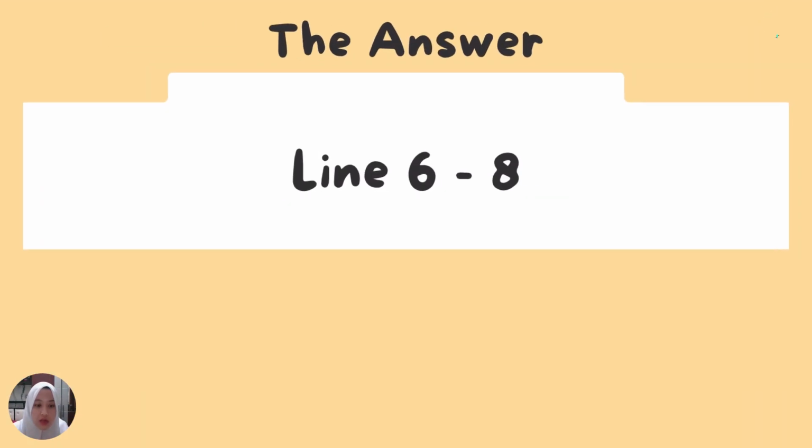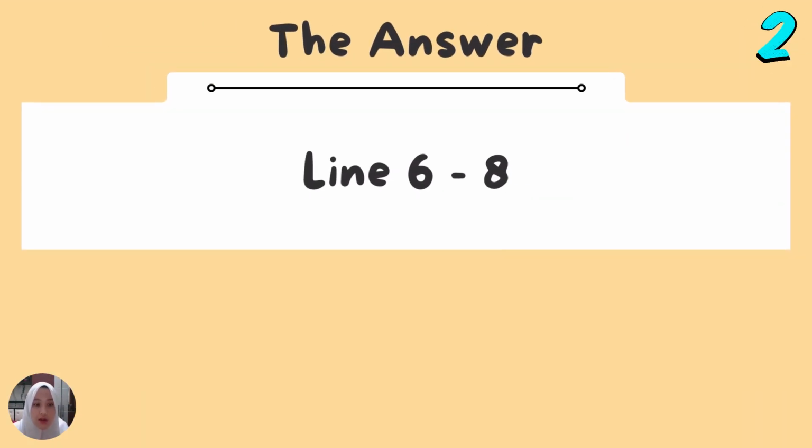So the answer is D, lines 6 to 8, because we search for the clue where the US capital can be found, and this sentence is on the sixth line to the last line, that's the 8th line. So the answer is D, lines 6 to 8.